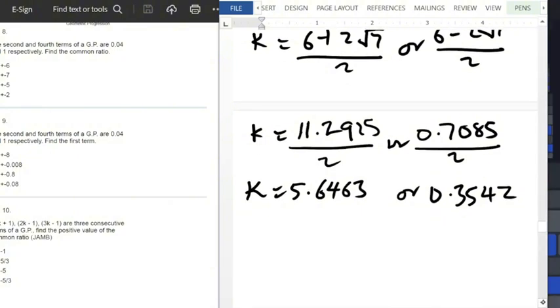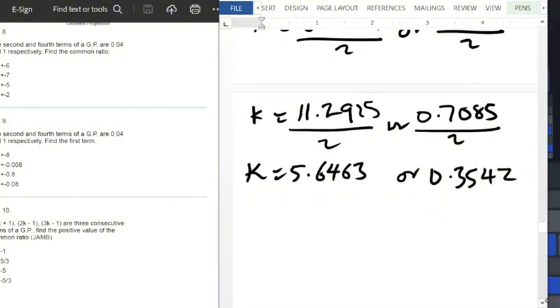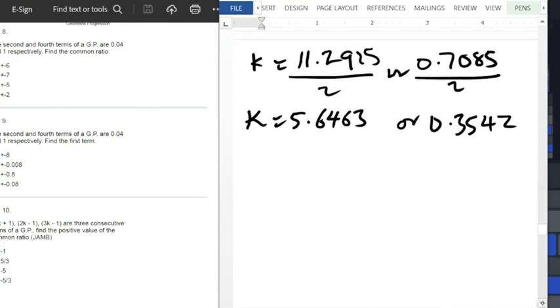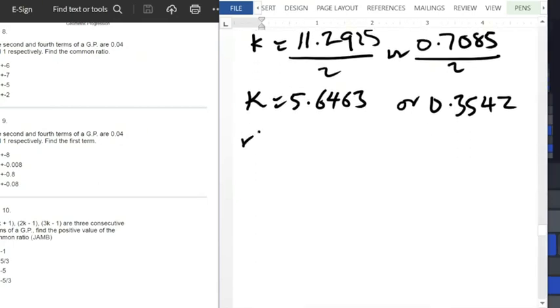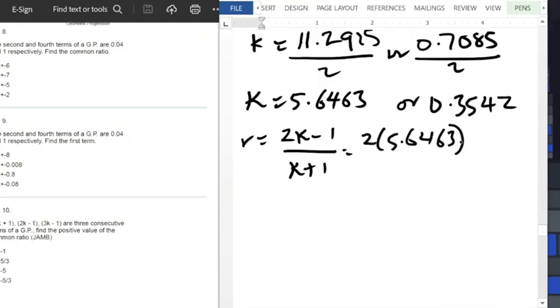So the common ratio will now be R, which is 2k minus 1 all over k plus 1. So when our k is 5.6463, we have 2 into 5.6463 minus 1 all over 5.6463 plus 1.